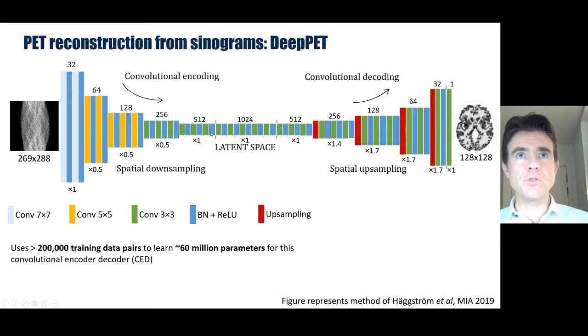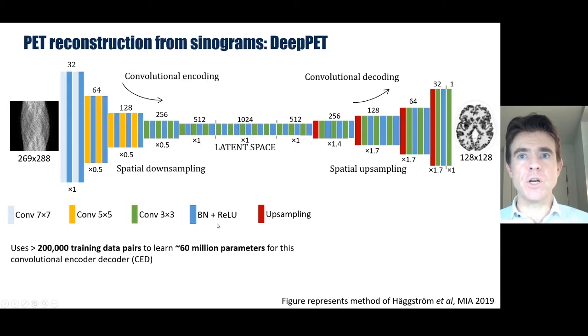So this downsampling is the encoding, where basically we're taking this spatial information and placing it into this latent space, and then this upsampling corresponds to the decoding, and again this is using convolutional layers in order to express the information in that latent space in the form of a 2D image in this case.